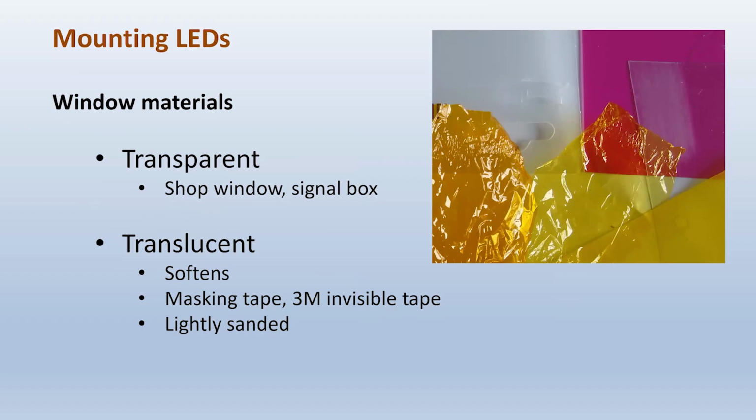What materials you want depends on whether you want it to be transparent. I know some of the members put a lot of time into detail inside the building. So you'll see a shop and you'll see inside the shop, or you'll see a signal box and you'll see the signalman in the box and so on, in which case you want to use transparent material for windows. If all you want to do is get a lighting effect, then a whole range of different materials can be used to soften the light, make it translucent.